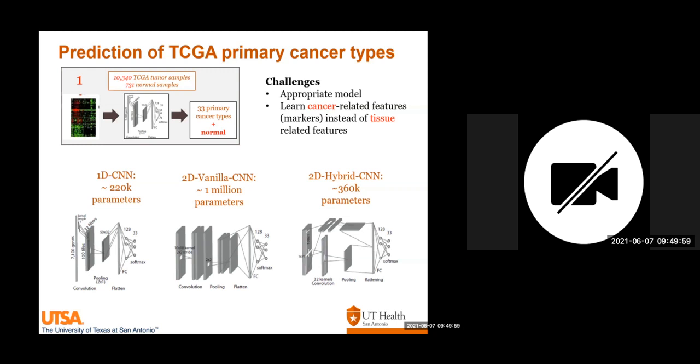Okay, so here are some of the deep learning models, CNN specifically, convolutional neural network models, that we designed specifically to characterize the unique features of gene expression.